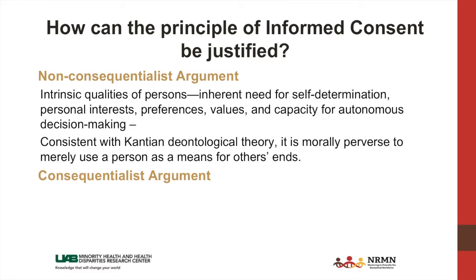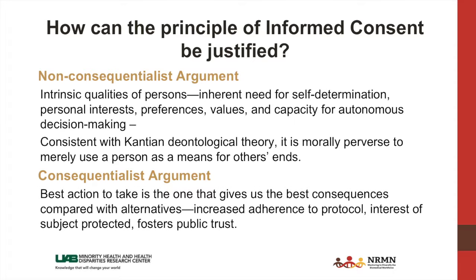The other argument is the consequentialist argument, which grounds itself in the idea that the best action to take is the one that gives us the best consequences compared to other alternatives. For instance, if we have increased adherence to protocol, it suggests the interests of subjects are protected.